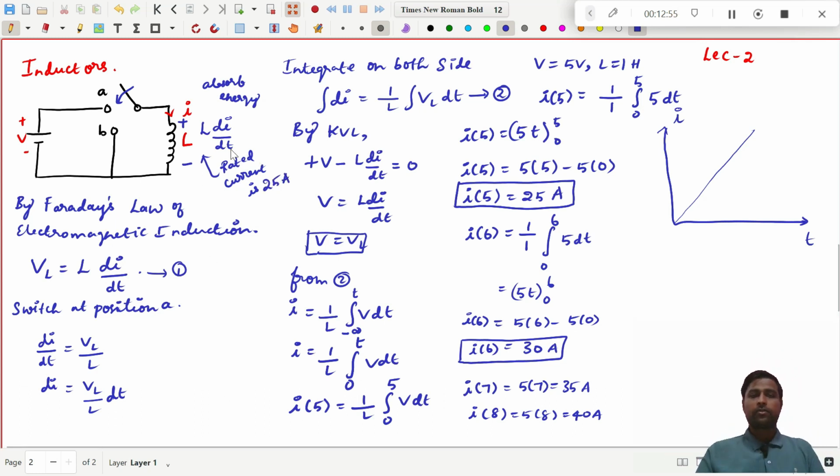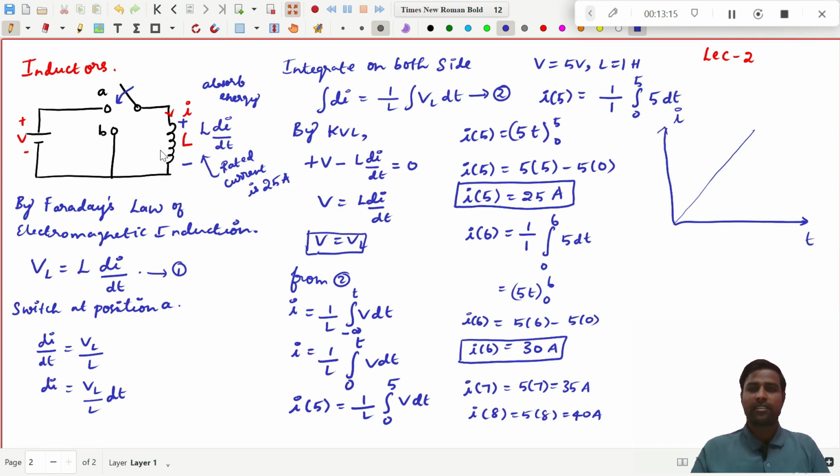And if the rated current is 25 amperes, you cannot supply the voltage beyond 5 seconds, right? That is the point you need to understand. If you apply beyond 5 seconds, it becomes 30 amperes, so that this inductor will be busted, right? That is the point you need to understand.